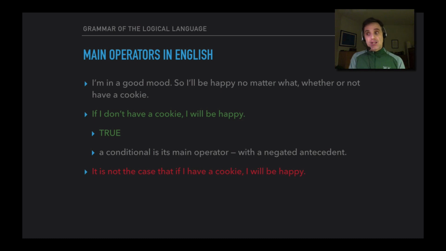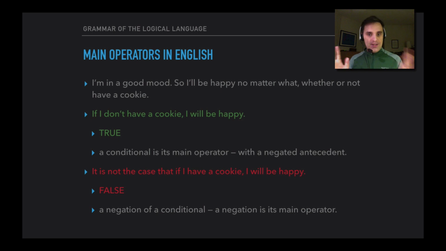Right? This sentence says, is having a cookie enough for me to be happy? No, it's not. But in fact, it is enough, and so this negation is false. Okay, and so the difference between these two sentences is what's the main operator. This is the negation of a conditional, so its main operator is a negation, and inside of that is a conditional.